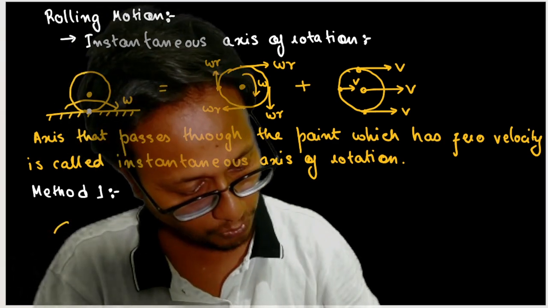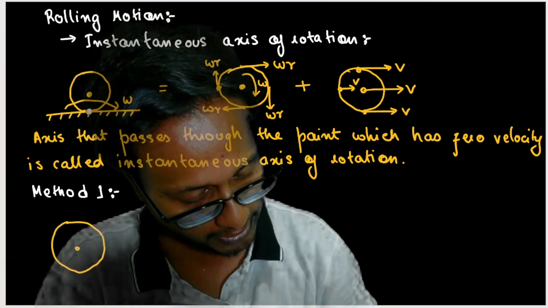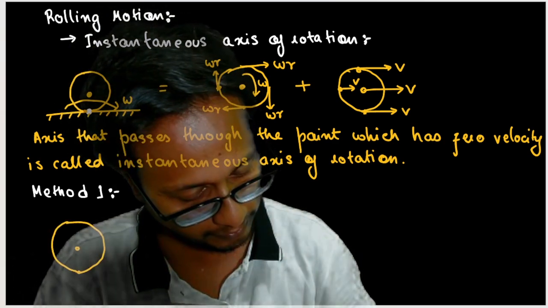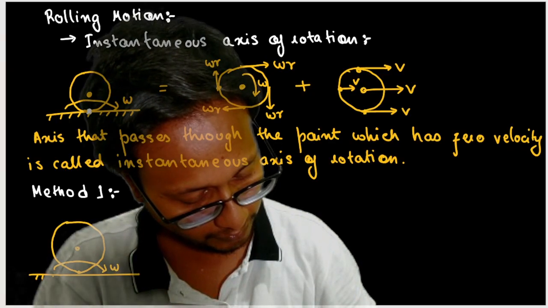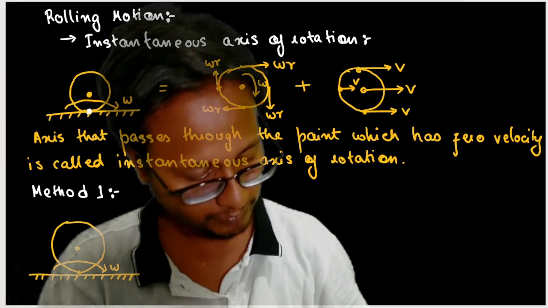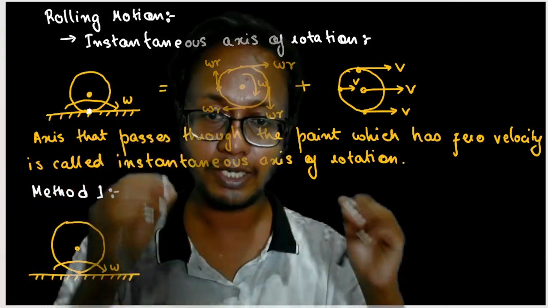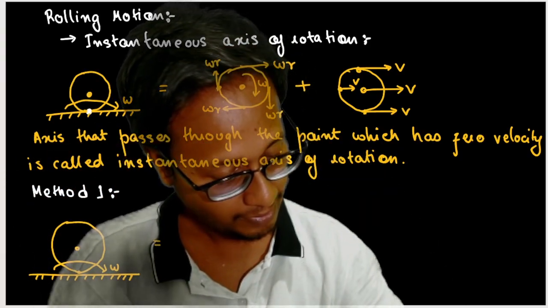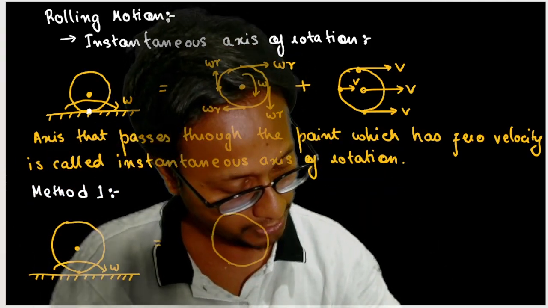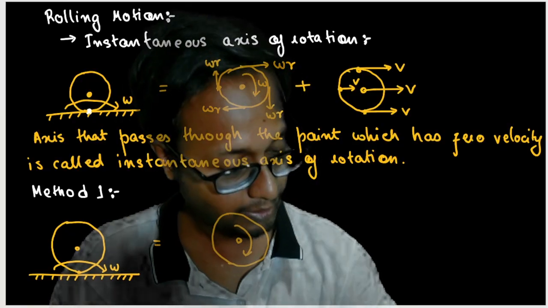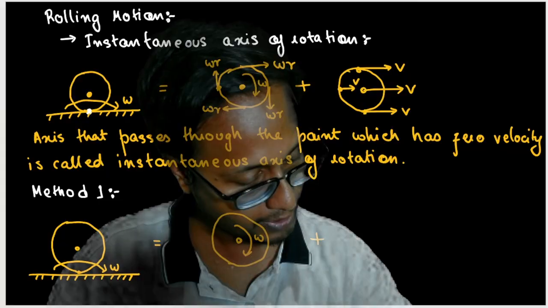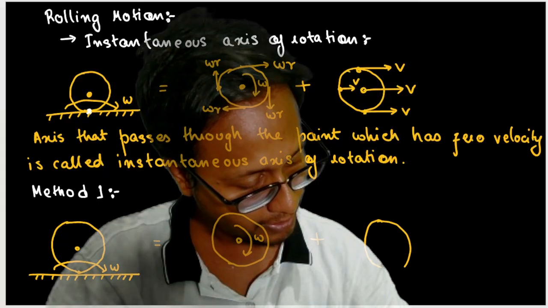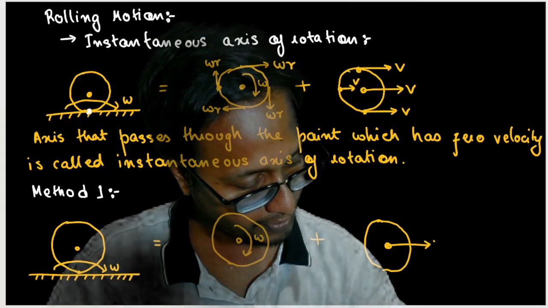Suppose a wheel is rolling with angular velocity omega. What is the angular velocity seen by someone sitting on the center? It is nothing but omega plus this linear velocity v.